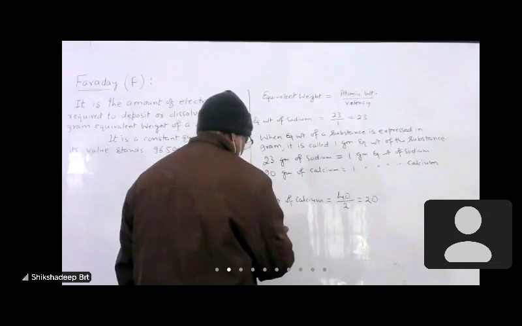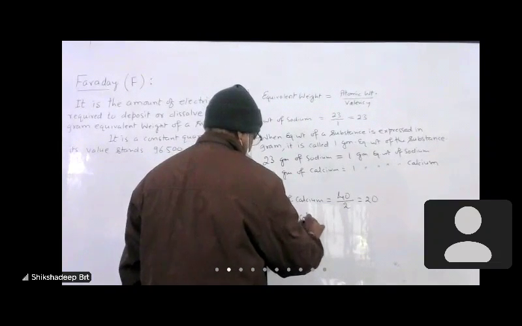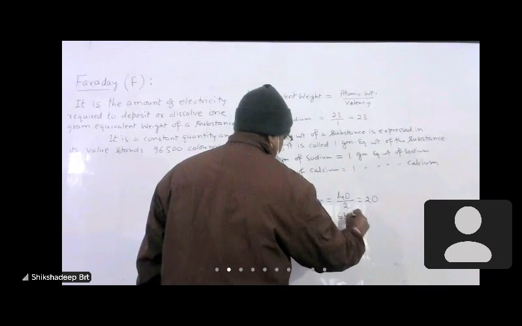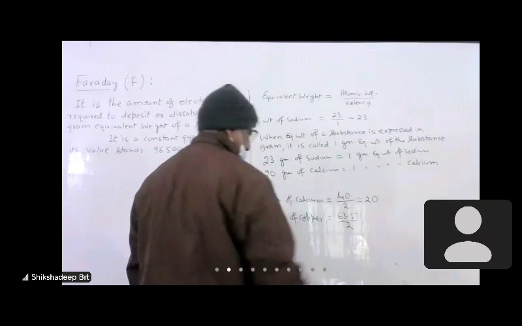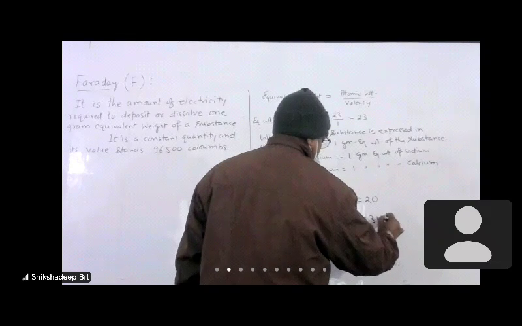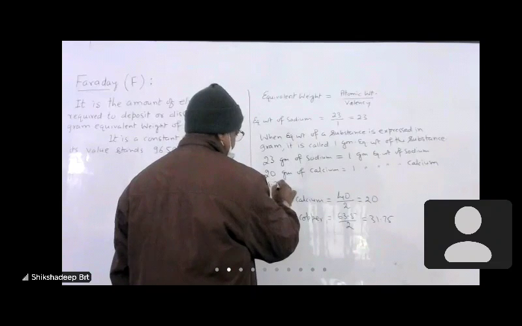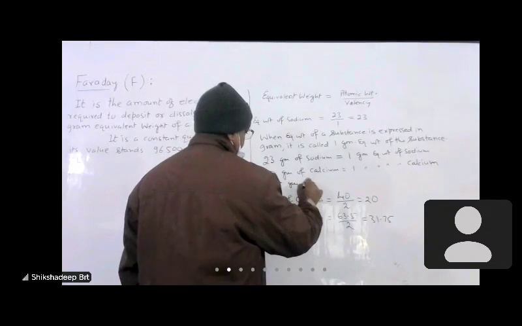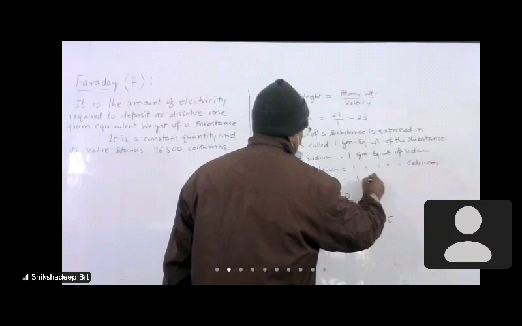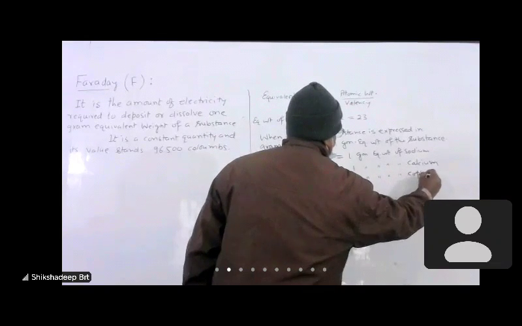What is the equivalent weight of copper? The atomic weight is 63.5. What is the valency of copper? 2. So it is 31.75. 31.75 gram of copper is called 1 gram equivalent weight of copper.